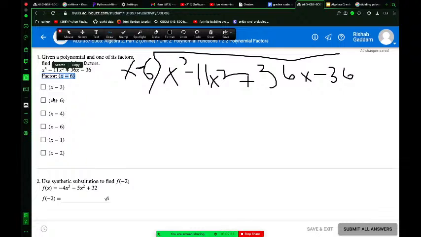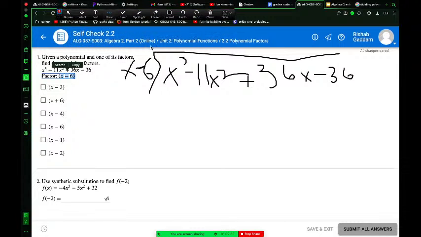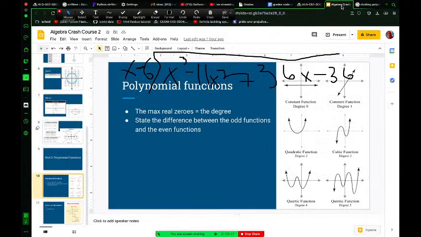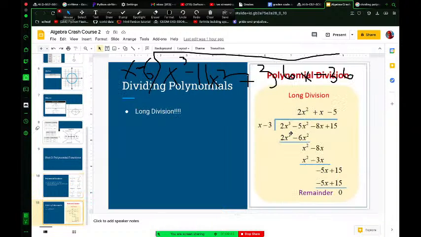Okay, middleish, do you know how to do polynomial division? Or polynomial long division? I covered it in the slides. Were you listening when I was doing the slides? Yeah. See, remember this? Yeah, we just do that. It's just normal division, but for polynomials.